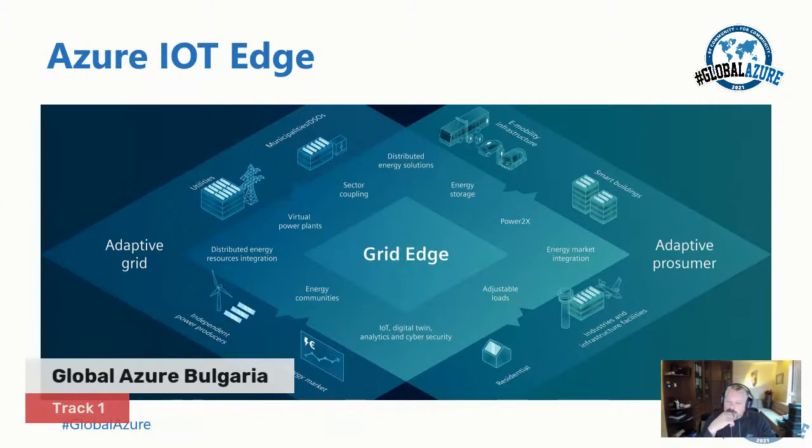For example, the network we're exploring right now in Bulgaria, on the territory of one of the utilities called CEZ, we're talking about 16,000 kilometers of medium voltage power lines, 20 kilovolt power lines, and some of it has already been automated, and some of it has already been upgraded.